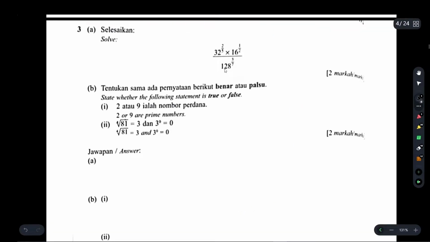32, 16, and 128. What is the common thing about them? Yep, you can see, right? They are the powers of 2. So 32 is 2 powered by 5. 2 powered by 5, and we will have 32.